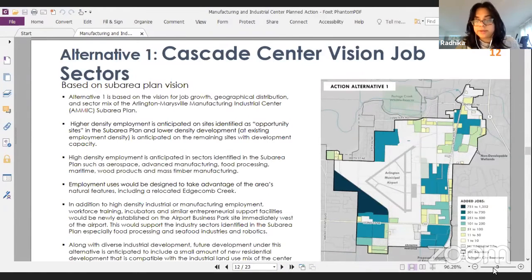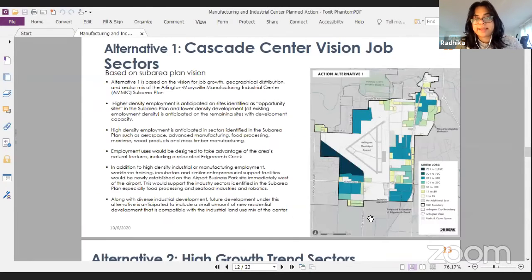For alternative 1, which is the Cascade Center Vision sectors, which is essentially the sub-area plan alternative, it would have the job growth and the geographical distribution. If you look at the map on the right, it shows where the areas of job density would be. And these darker areas correspond to areas that in the sub-area plan we identified as priority or shovel-ready sites or opportunity sites.